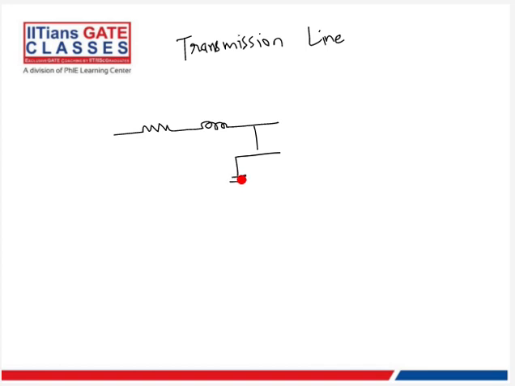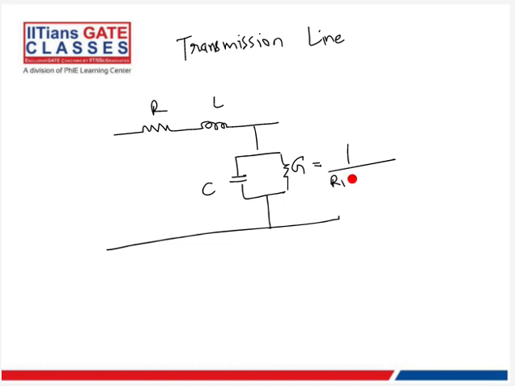We have a capacitor, very small resistance, R, L, G. This is what G would be, 1 by R. When we are studying reactive power, R and G do not contribute much. So let's simplify this into a smaller circuit. It becomes a small LC circuit.